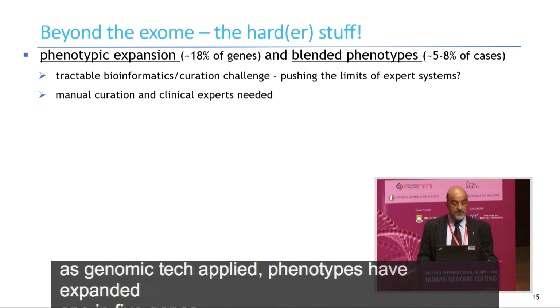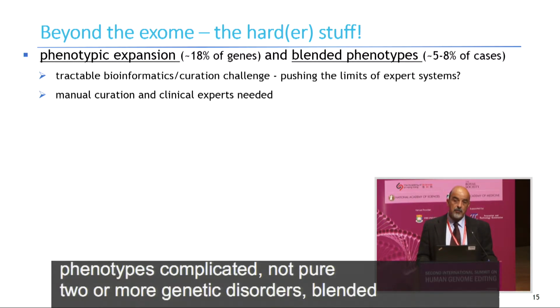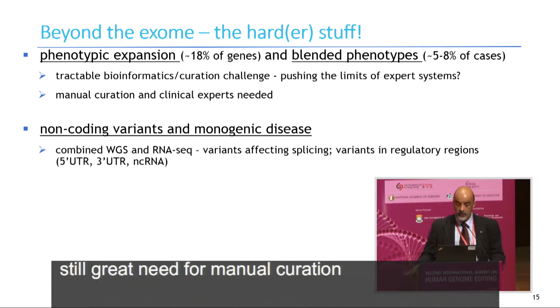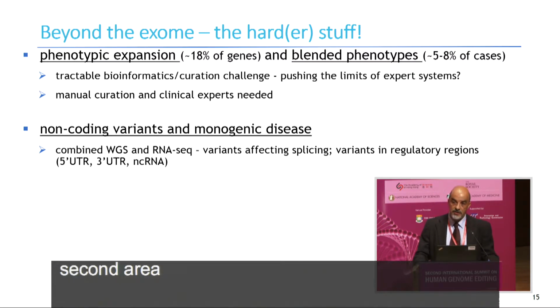These kinds of issues are potentially tractable from a bioinformatics and curation perspective, but at least at this point in time, there's still a great need for manual curation of data and clinical experts in terms of helping to tease apart some of these complexities. A second area that is only just starting to become investigated is the whole concept of non-coding variants and their role in primary monogenic disorder.